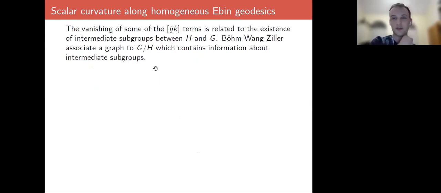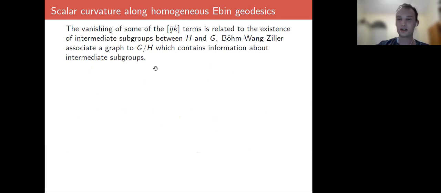And in fact, this is an observation that Wolfgang Ziller made with McKenzie Wang quite some time ago. In order to get a really good grip on what's going on here, those two, alongside Christoph Böhm, decided to introduce graph theory into the mix, because why not?